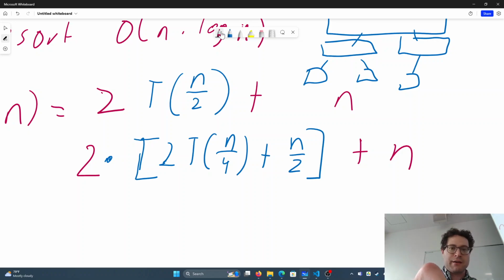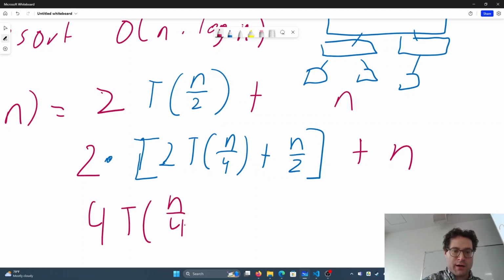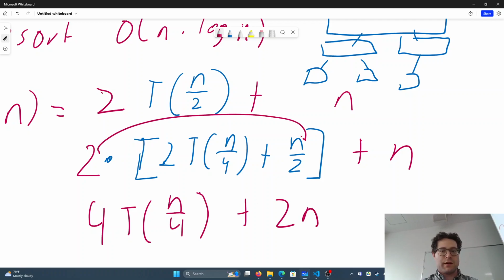And so now if we expand that out again, if we distribute this 2, we get 4T(n/4), okay? And then plus 2n. Where did I get the 2n? Well, the 2, again, distributing to the n over 2 and then combining them. Make sense?